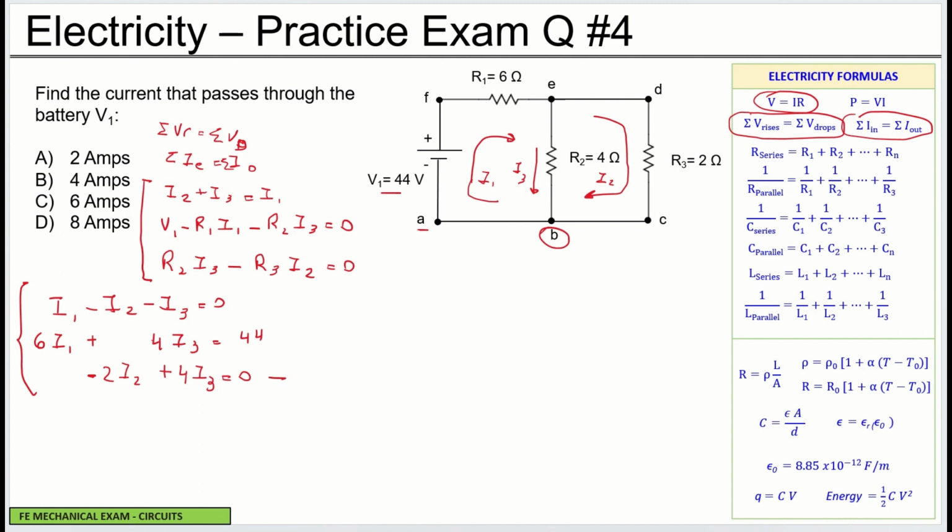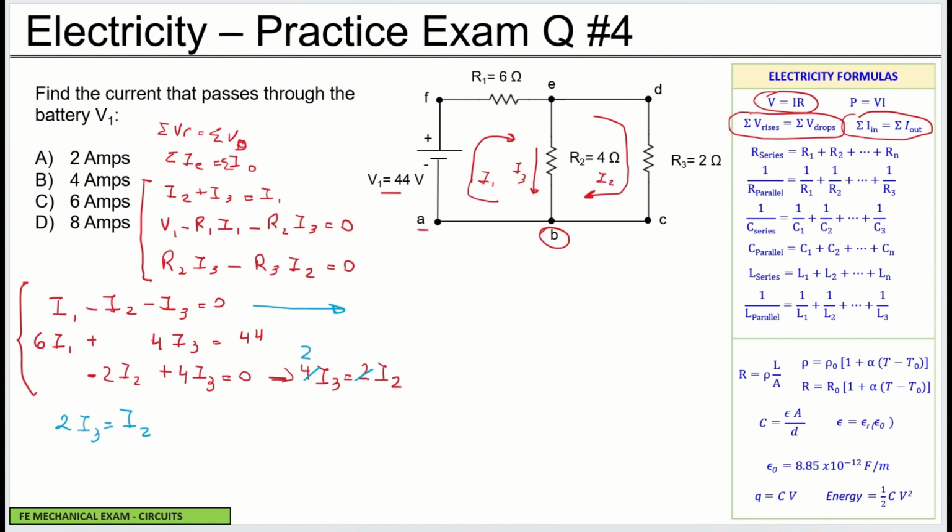The last equation gives me 4I3 equals 2I2. If we remove the 2 and the 4, I would have 2I3 equals I2. Let's take the two equations and put them in here.